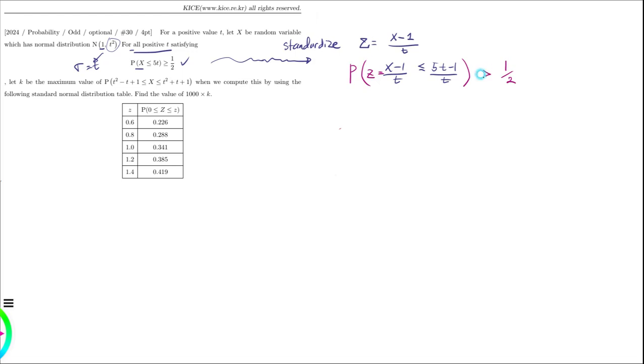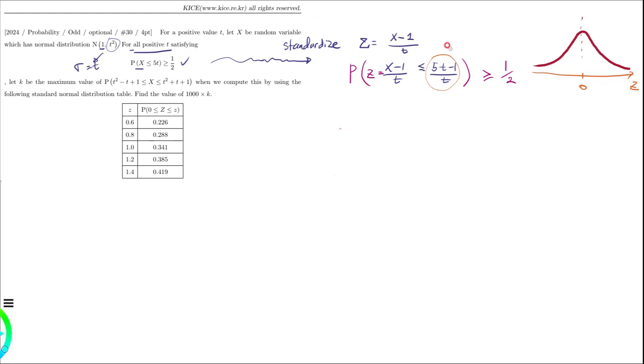And this probability is equal or greater than 1/2, which means this right end point for the random variable z, centered at 0, is symmetric with respect to this vertical line passing through 0 here. Okay, looks good.